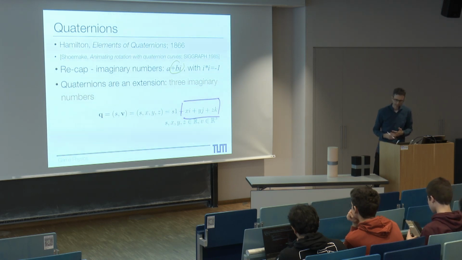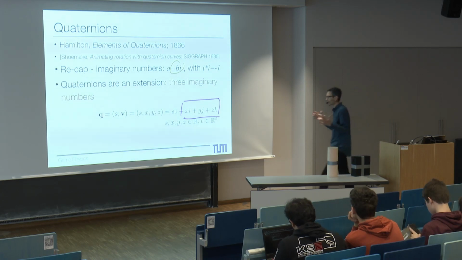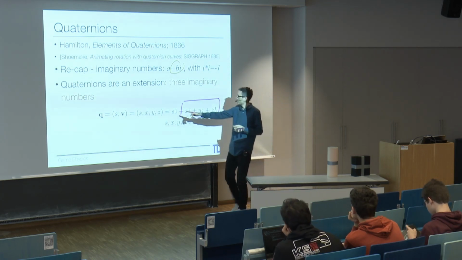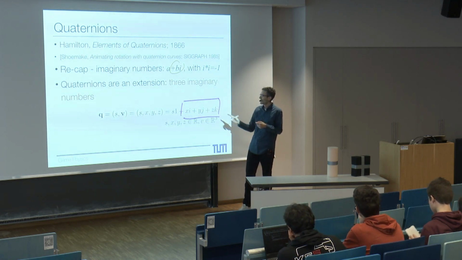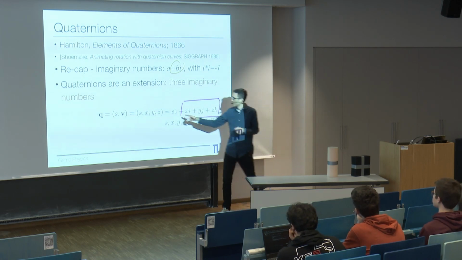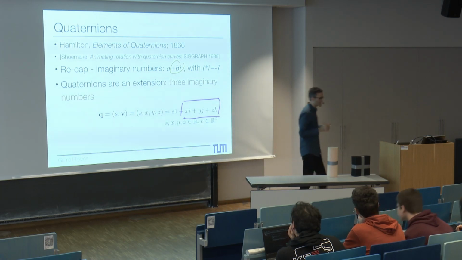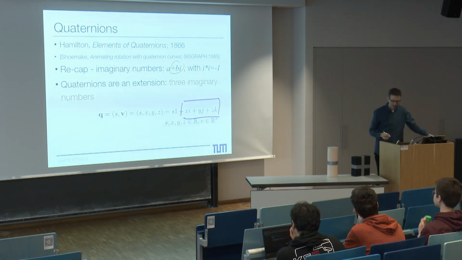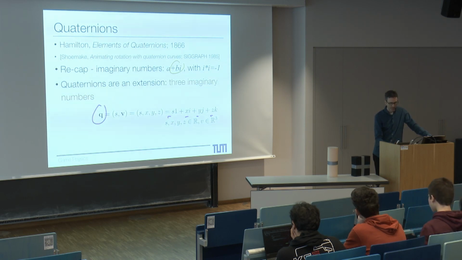Typically written in something like the way down here. So you can imagine this as, again, a basis transformation. We have a real part, and then 3 vectors, i, j, and k, that span new directions. And in total, the real part plus these 3 imaginary ones gives us 1 quaternion, 1 vector, with the components being S, X, Y, and Z, so 4 components put together in a vector.